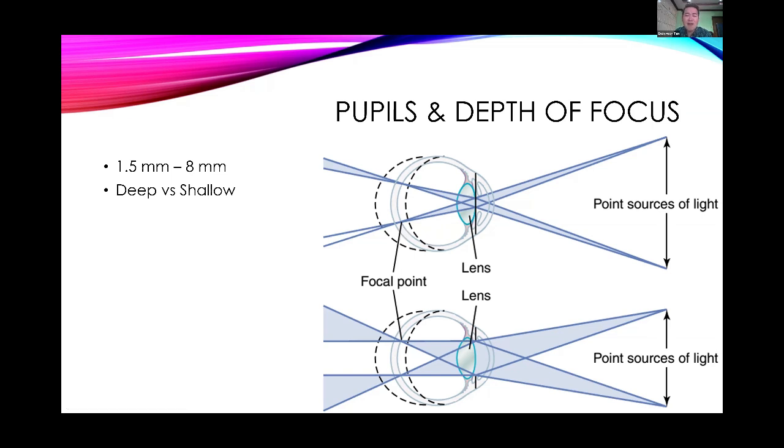Therefore, what will give you a very deep depth of focus? Pupillary constriction, or miosis. What will give you pupillary constriction? Parasympathetic stimulation. Parasympathetics will constrict the pupils. If you constrict the pupils in a very bright room, what do you think will happen?